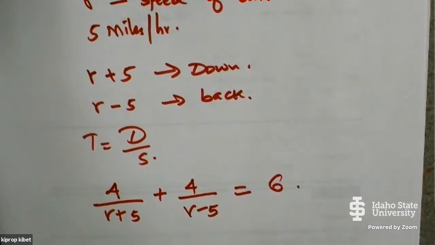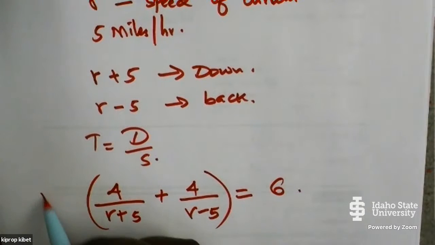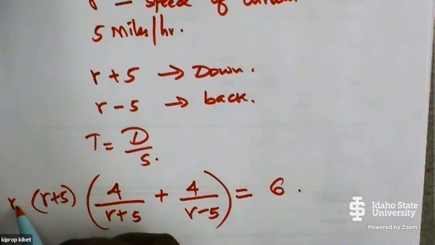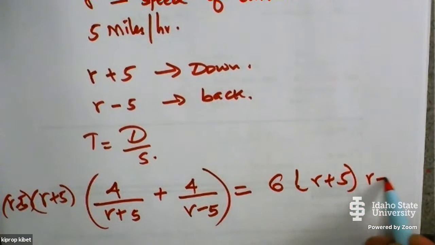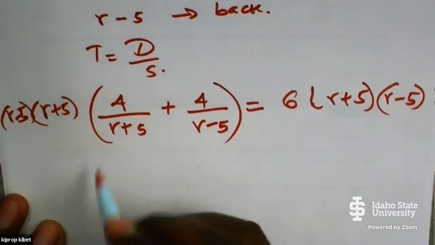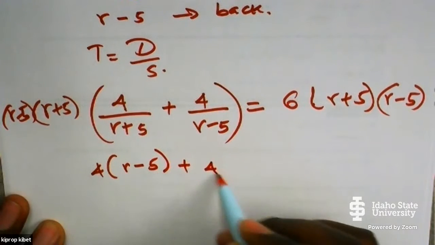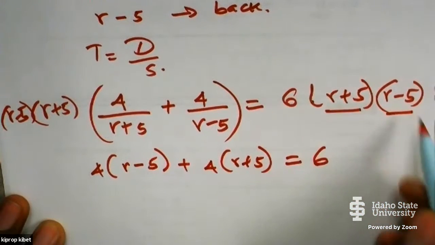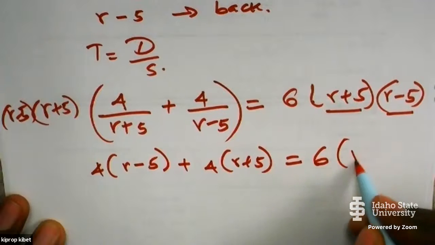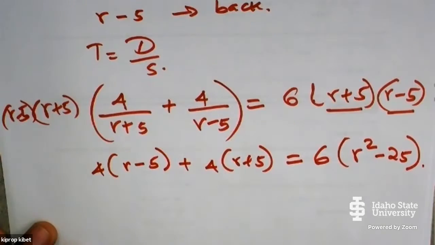Now you multiply by the LCM, which is r plus 5, r minus 5. So we get 4 times r minus 5 plus 4 times r plus 5 equals 6 times r squared minus 25, since this is a product of two squares.